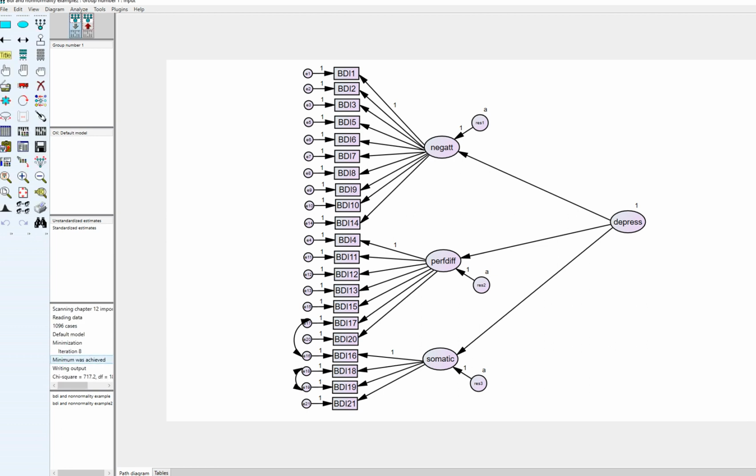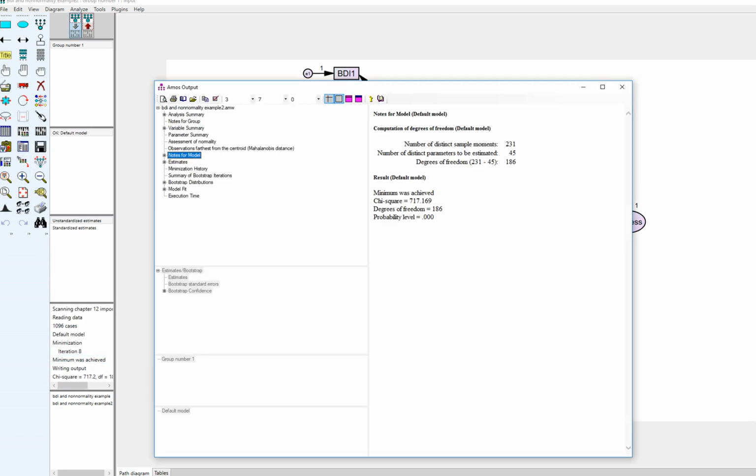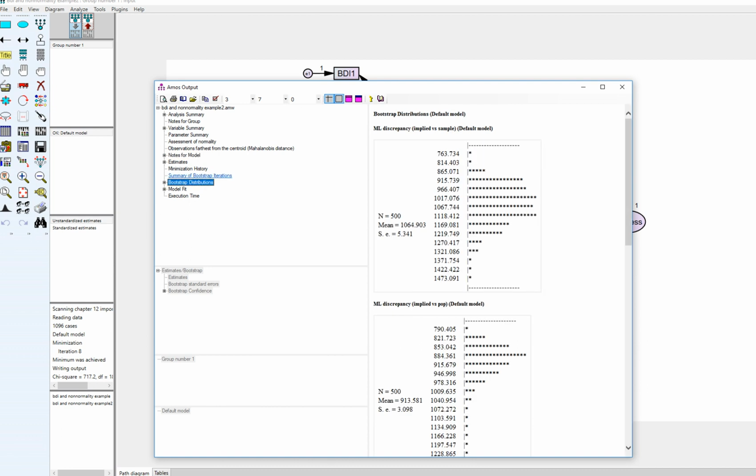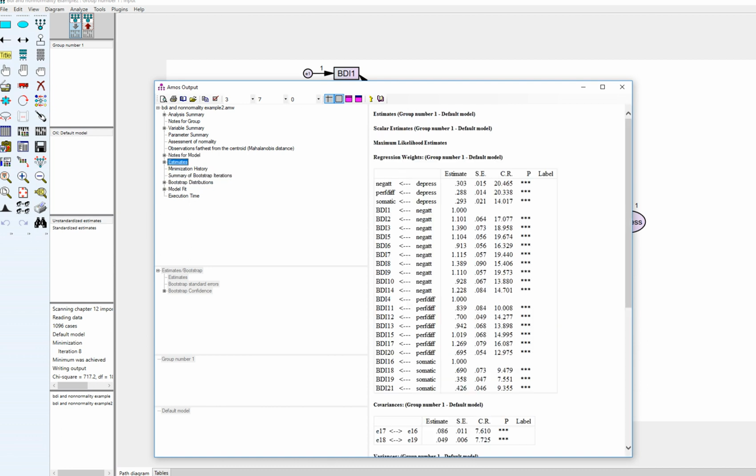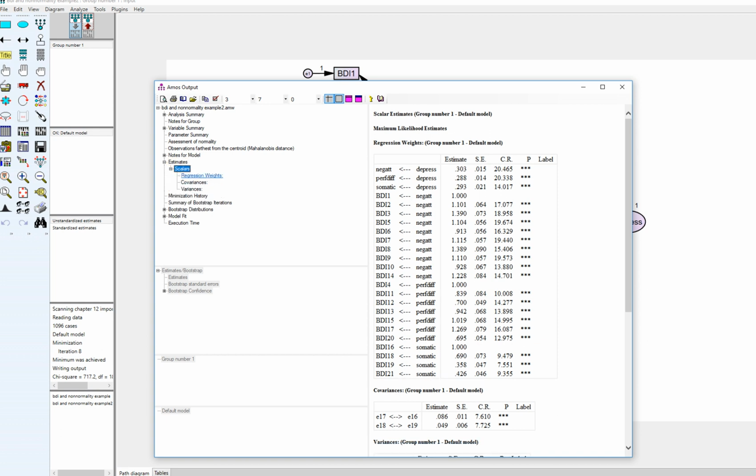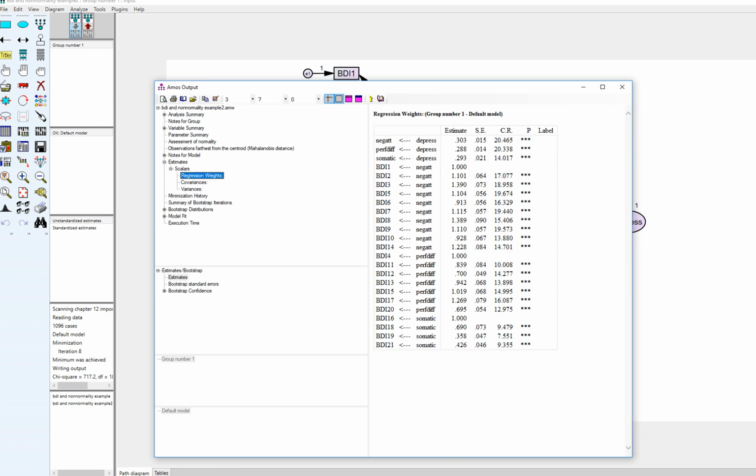You'll notice that when I click on this button, I've got bootstrap distributions, bootstrap iterations, and so forth. Click on estimates, and then scalars, and you'll see I've got regression weights. These are the maximum likelihood estimates, the parameter estimates themselves, the factor loadings in this particular model.